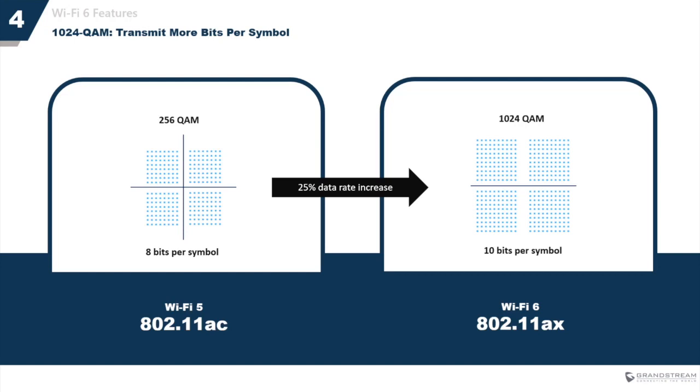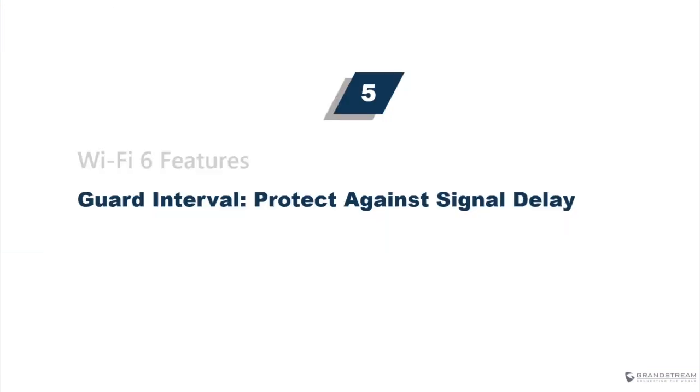In a nutshell, higher QAM levels increase the data rates by constructing signals that carry more bits per second. Wi-Fi 6 also introduced longer guard interval options to protect against signal delay.